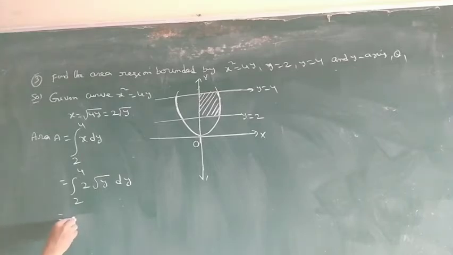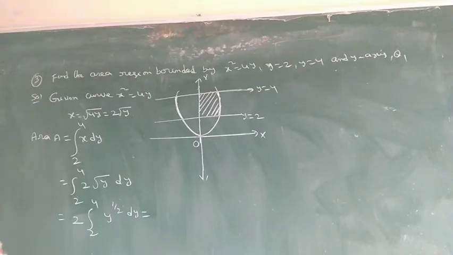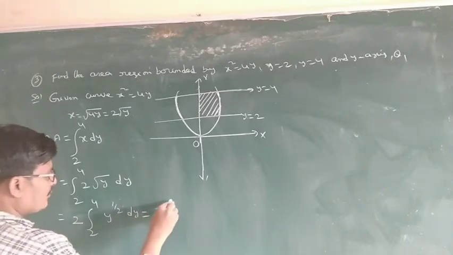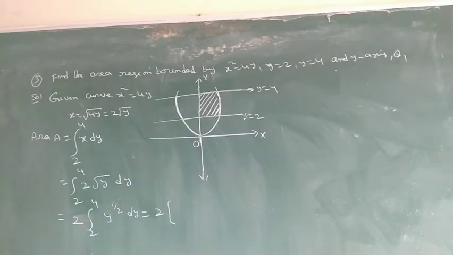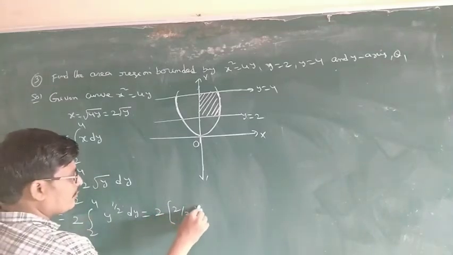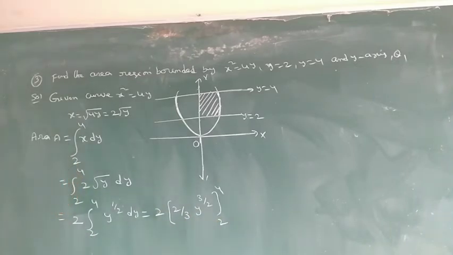That is equal to 2 into integral 2 to 4 of y power 1 by 2 dy. Integrating y power 1 by 2 gives n plus 1, 3 by 2. So 2 into 2 by 3 into y power 3 by 2 over the limits 2 to 4.